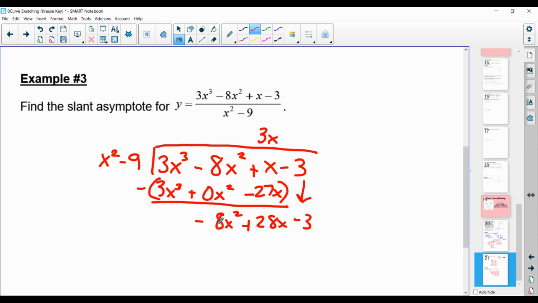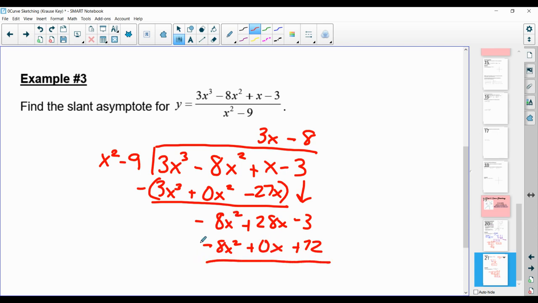So what do we need to multiply by x squared to get to a negative 8x squared? Well, we're going to multiply by negative 8. So negative 8 times x squared is negative 8x squared. Negative 8 times negative 9 is positive 72. And we've got a 0x.